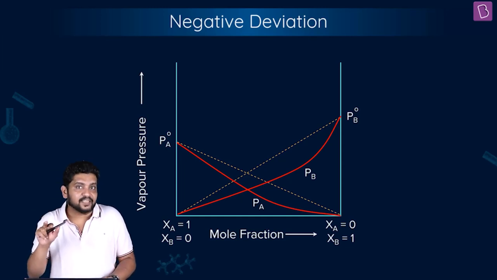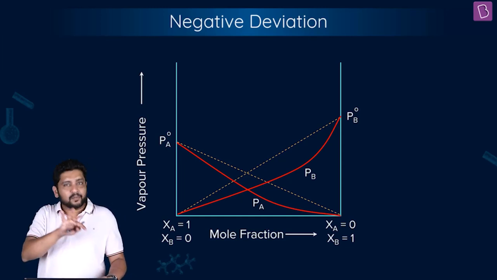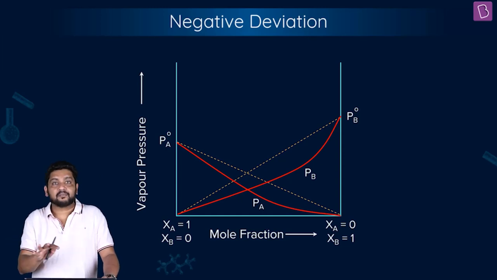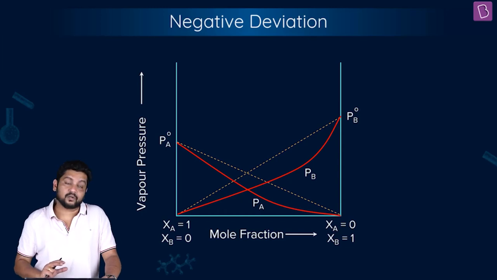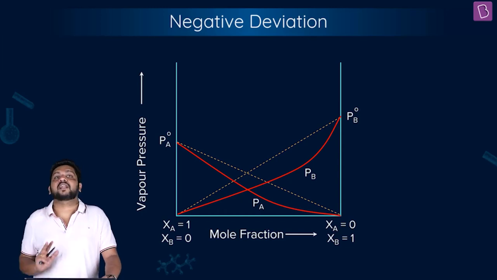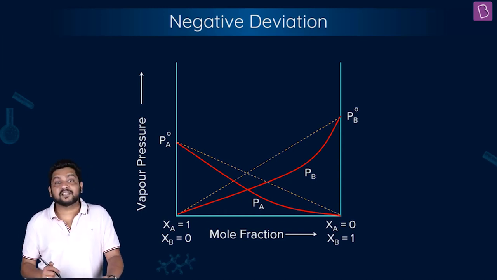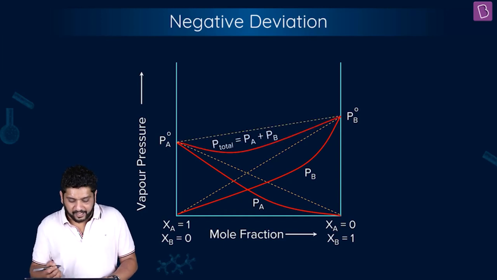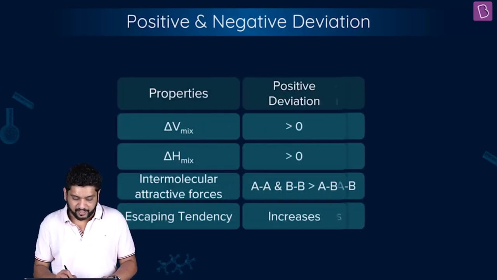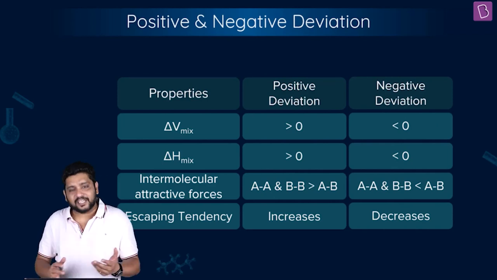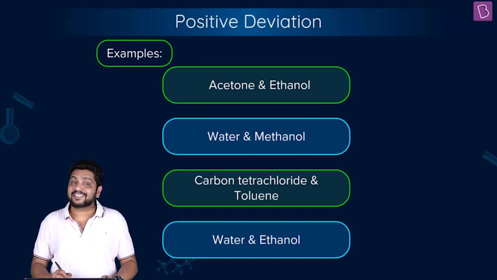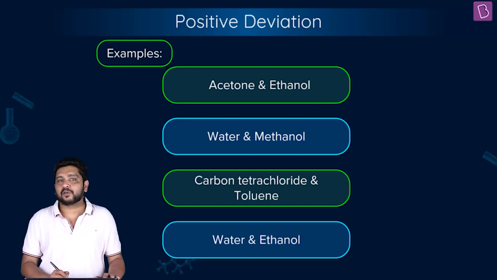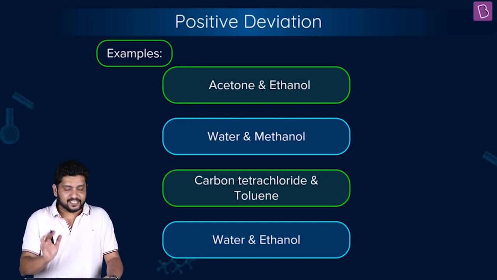They are probably different types of substances altogether, plus there is something like hydrogen bonding, extra unexpected attraction coming into the picture, which is causing this negative deviation, right? So yes, the net total pressure will be less than what is predicted. The individual properties, we have discussed all of these. So let's move forward to a few examples of positive and negative. We have already discussed the idea here.